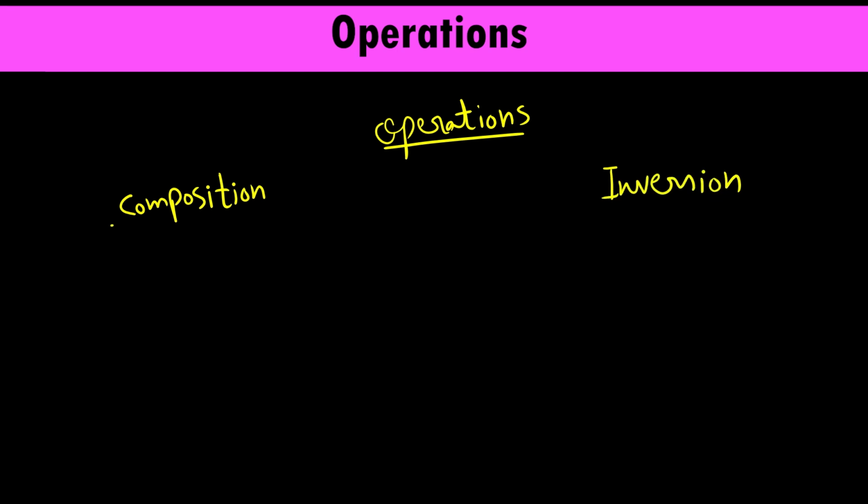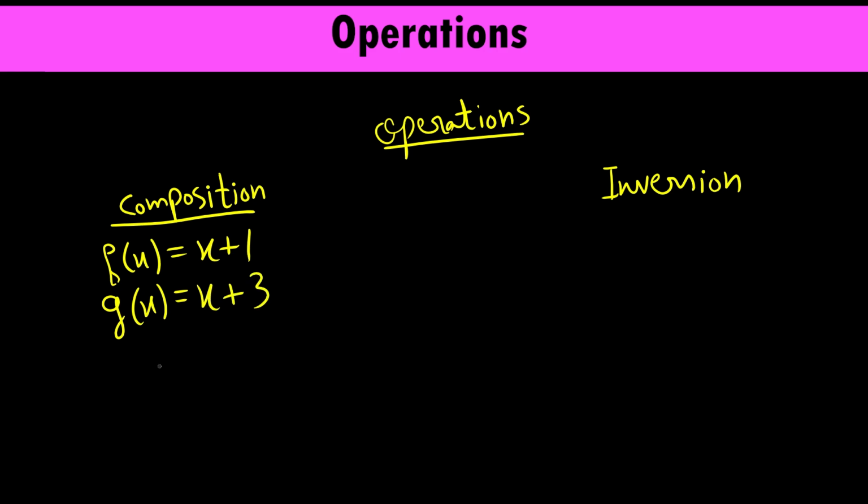Composition is to combine two functions. For example, if I have f of x is equal to x plus 1 and another function named g of x equals x plus 3. Okay, so to combine these two functions, we perform an operation called composition.